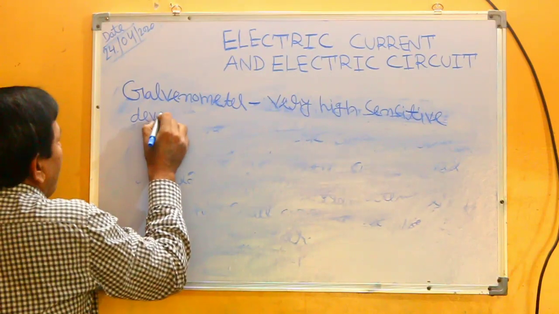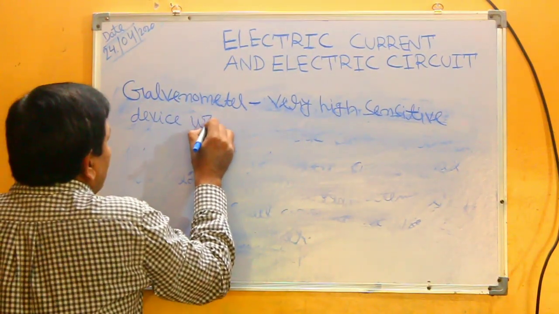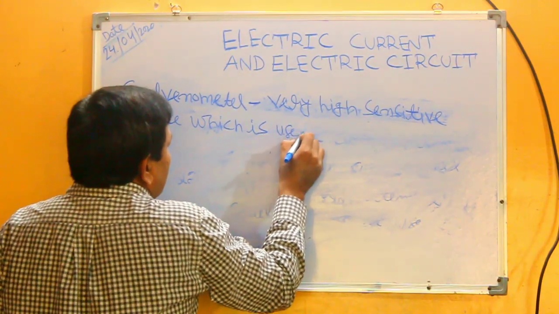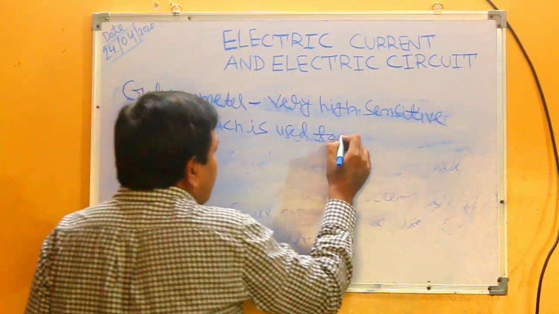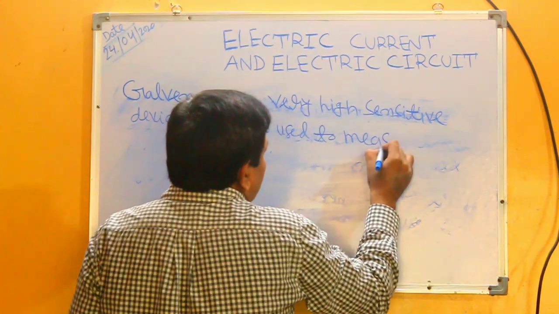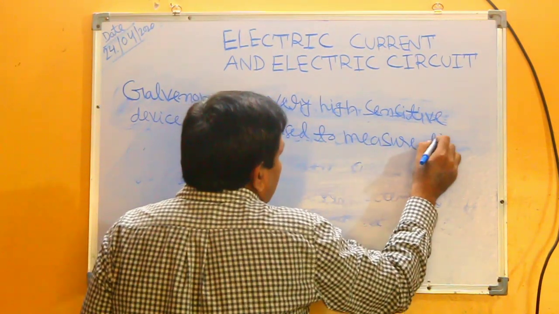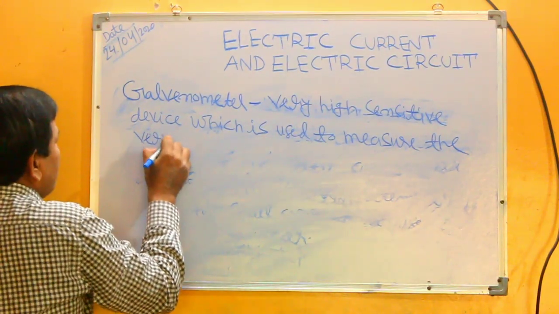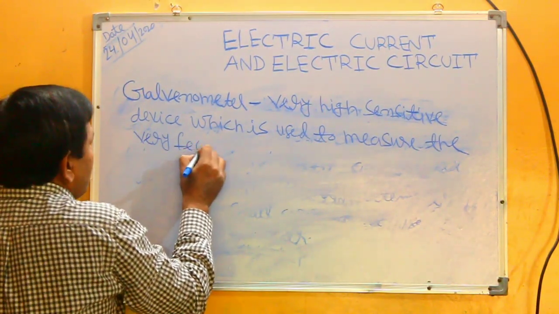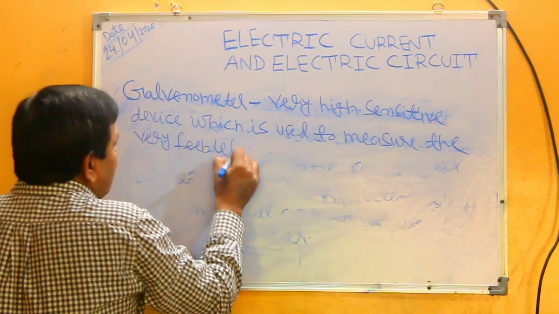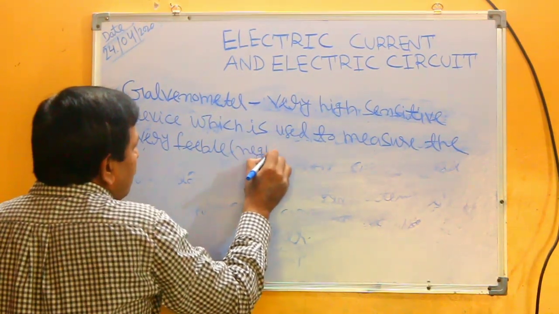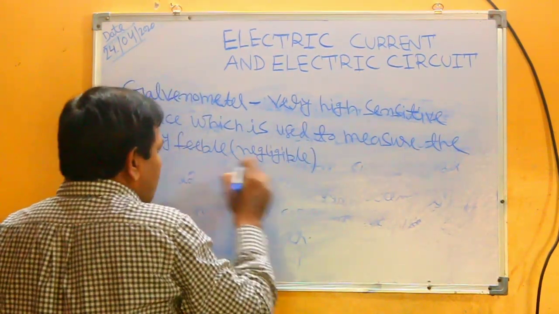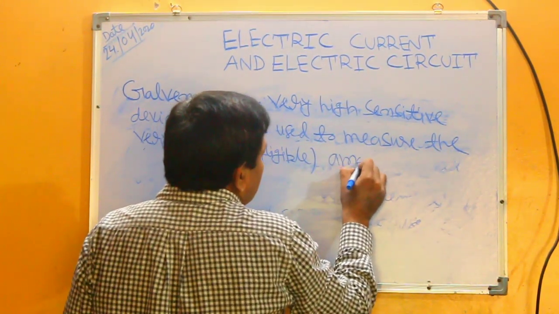The device which is used to measure the very feeble, very less, negligible amount of current.